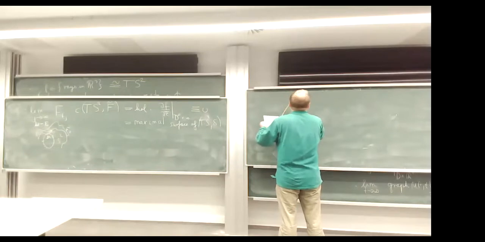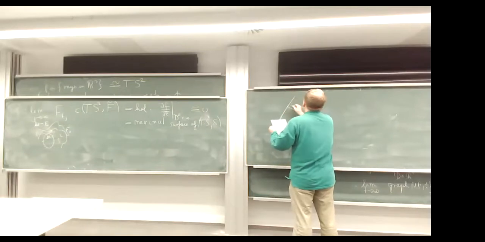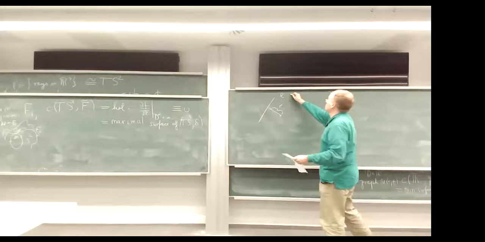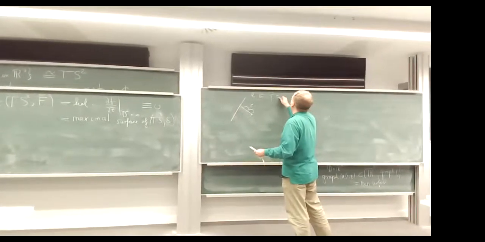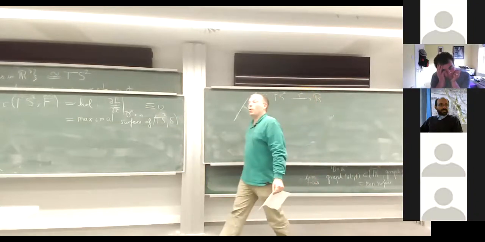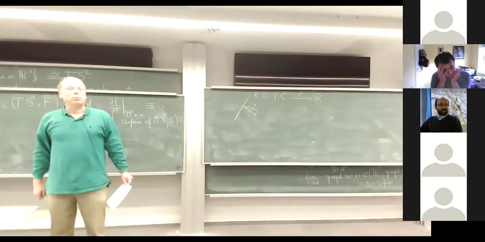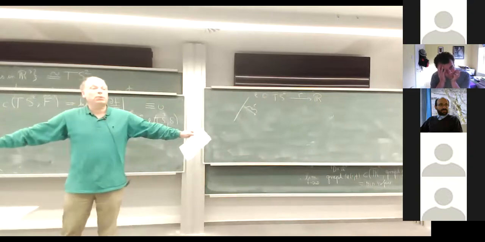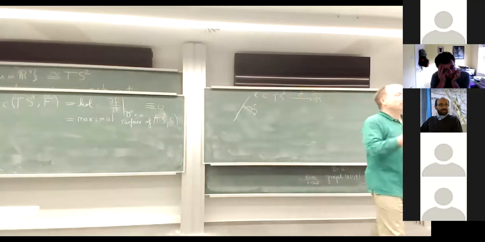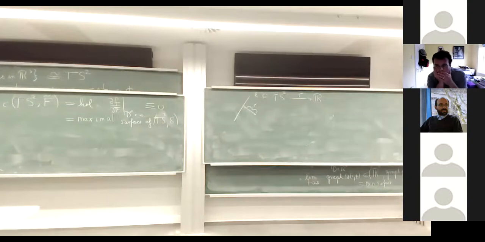On lines L, this is a point in TS2, the real number, a positive real number, R squared, which is just the orthogonal distance to the origin. That's a real function, non-negative, on all lines. It'll be 0 if this line passes through the origin, otherwise it's a positive number, R squared.